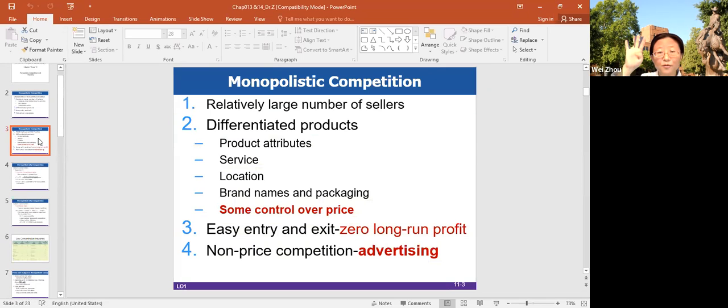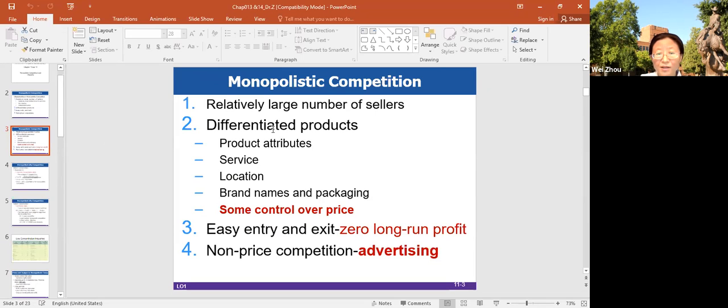For the characteristics, I want to emphasize again, since it's monopolistic competition, it will have two characteristics that come from pure monopoly and two from pure competition. For example, a large number of sellers and free entry and exit.